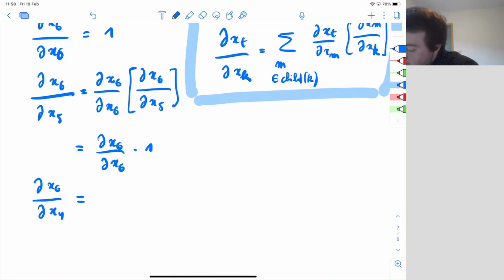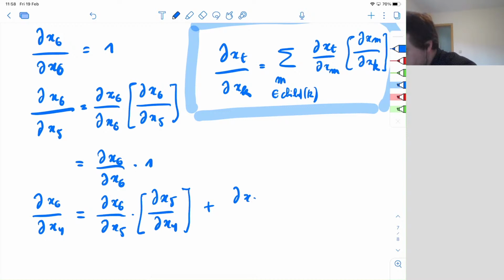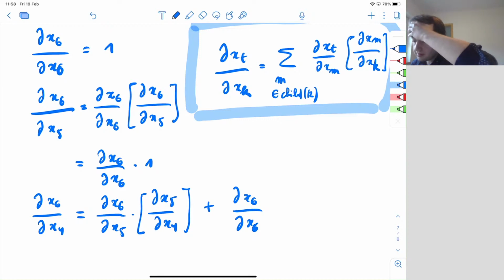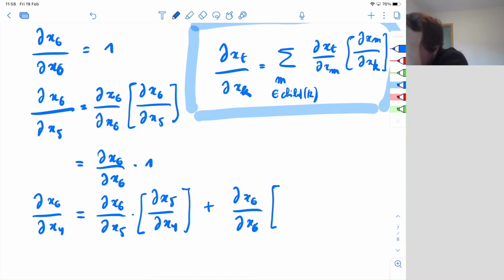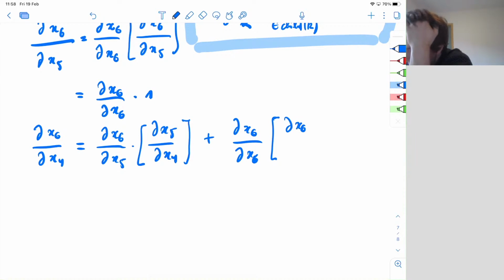So we would have first x_t with respect to x5 times x5 with respect to x4, plus x_t with respect to x6 itself again, because x target is an immediate child of x4. Okay.